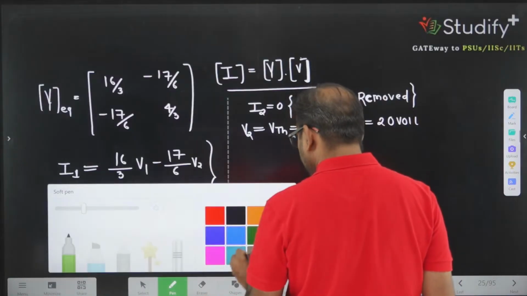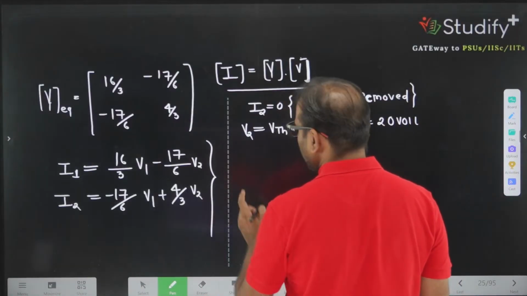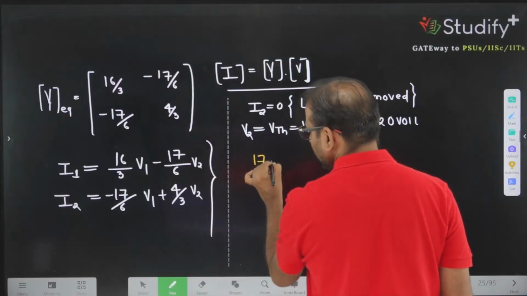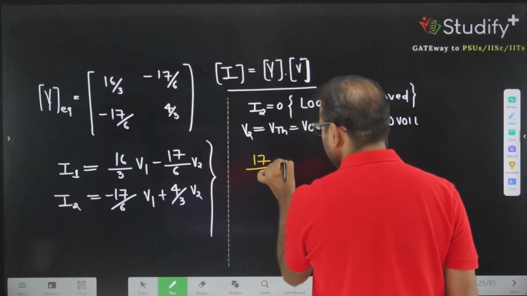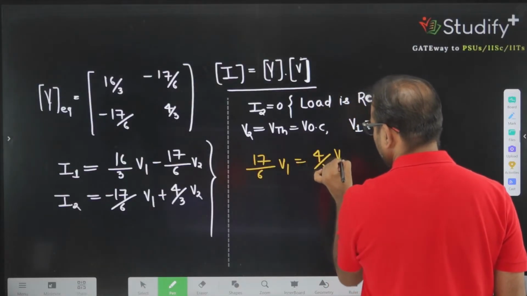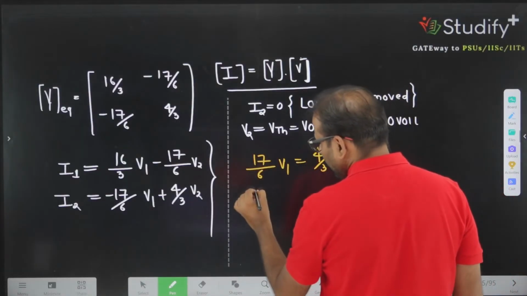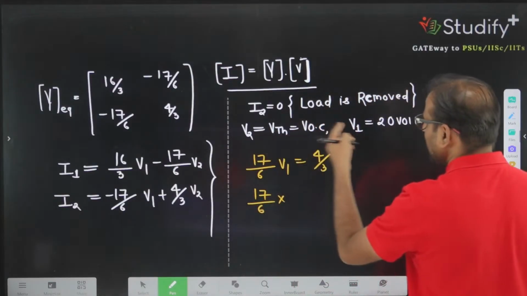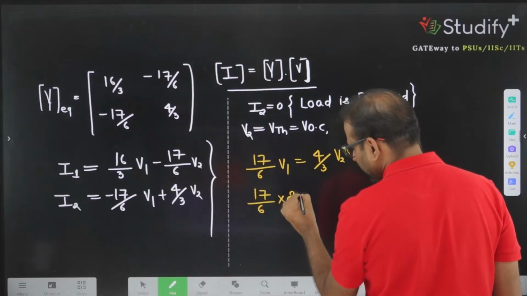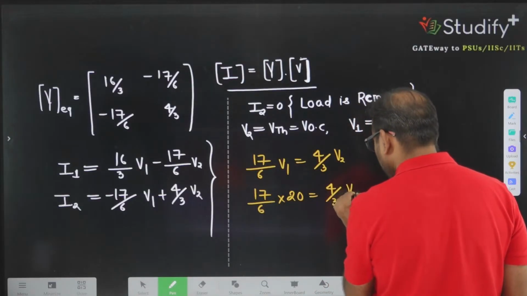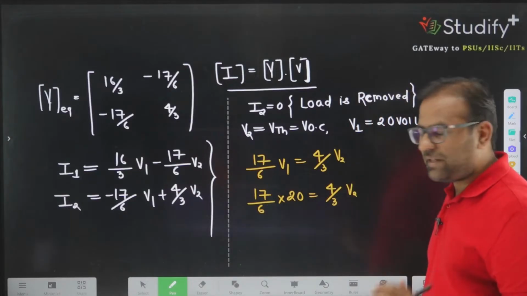If I put I2 equal to 0, this value is 0. So you can say 17 by 6 V1 equal to 4 by 3 V2. V1 is given as 20 volt, equal to 4 by 3 V2, and this V2 is also known as VTH.